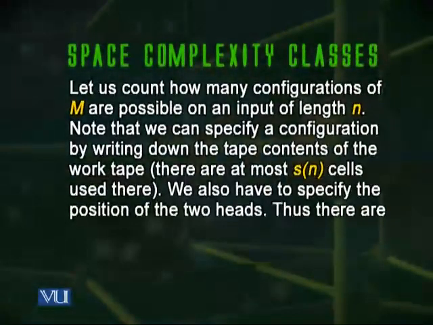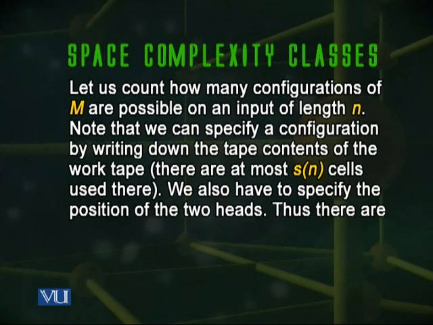Note that we can specify any configuration of this Turing machine by writing down its tape contents, and the only thing that we need to write down is the tape contents of its work tape. Furthermore, there are only S(n) cells that are going to be used. Therefore, all the tape contents can be written down in a string of length S(n). The other thing that we need to specify a configuration is the position of the two heads.